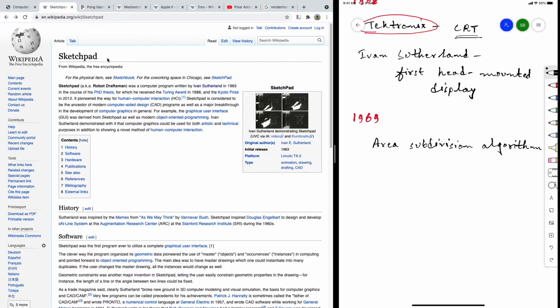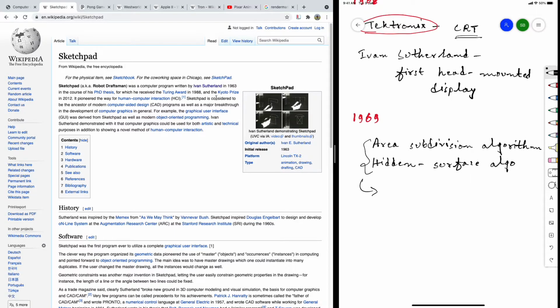One more algorithm was released called the hidden surface algorithm, and both of these were released by a person named John Warnock.